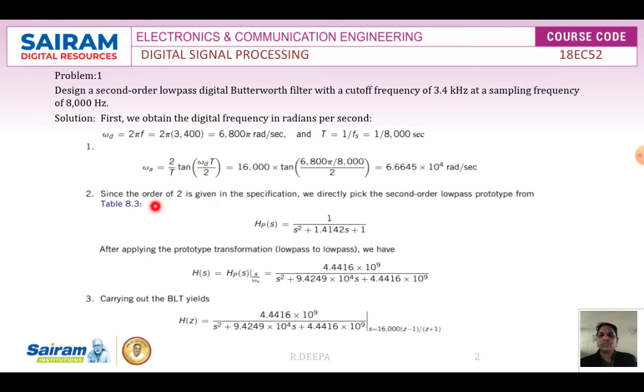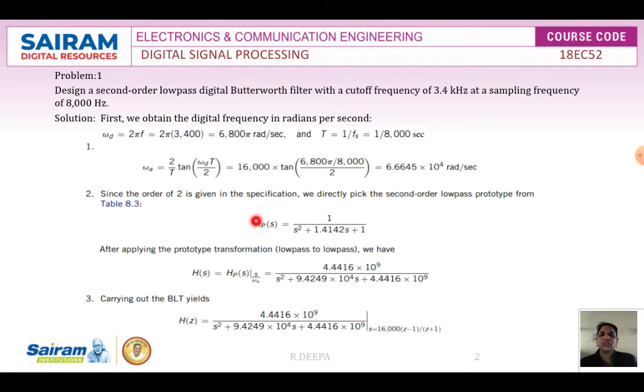So the second step is, as they have already mentioned, the order is 2. So directly we can write it from the table. What is the Butterworth filter polynomial? That is HP of S is equal to 1 divided by Bn of S, and Bn of S for order n equal to 2 is S square plus 1.4142 S plus 1.